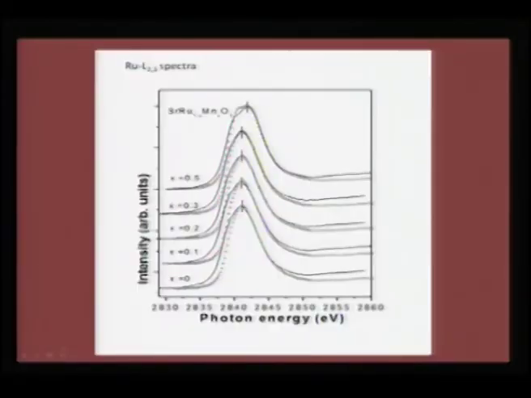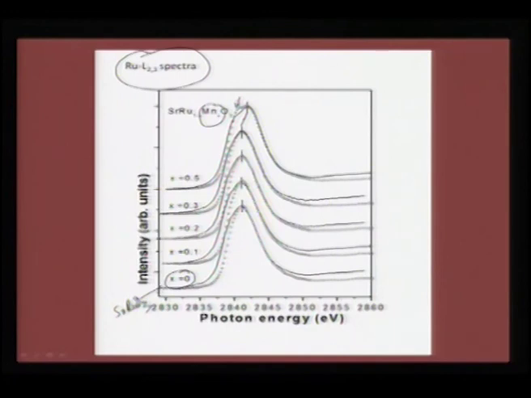Now let us go one more step and try to map the ruthenium L23 spectra carefully for all these substitutions as a function of x. As you see here, x equal to 0 is SrRuO3, and once you go up to 0.5 you can clearly see that there is a shift in the peaks for both L2 and L3, and also this L3 peak is growing in intensity.